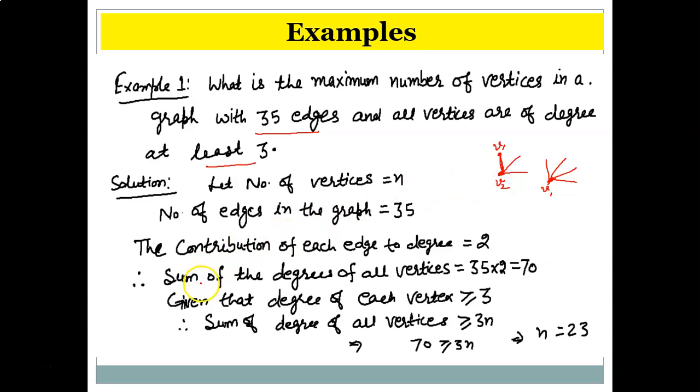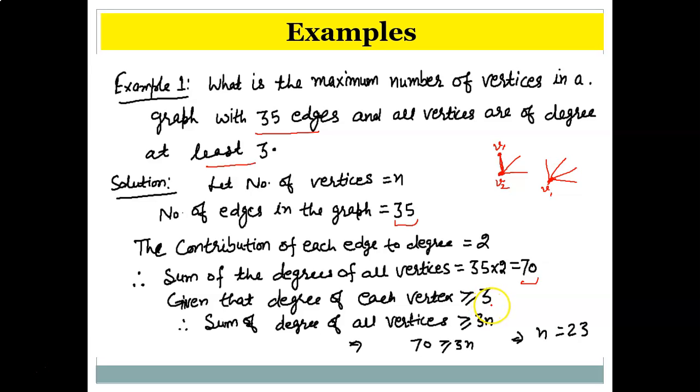So the sum of the degrees of all the vertices: 35 edges are given, and each edge contributes 2 to the degree, so 35 multiplied by 2 is 70. So the sum of the degrees of all vertices is equal to 70, but you are given that the degree of each vertex is greater than or equal to 3.